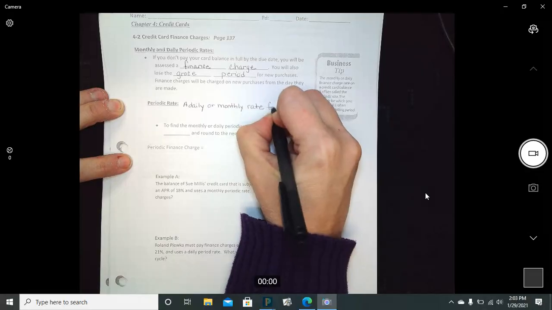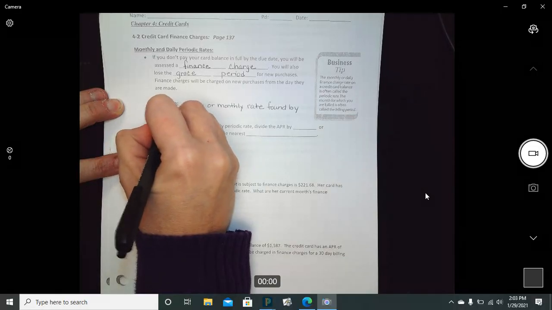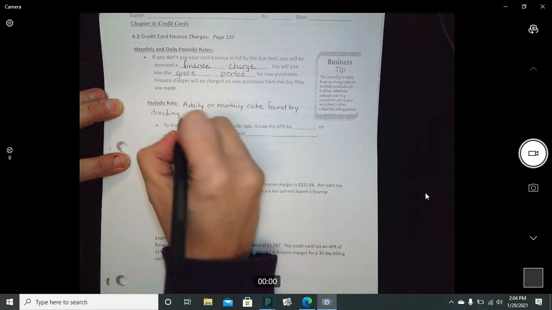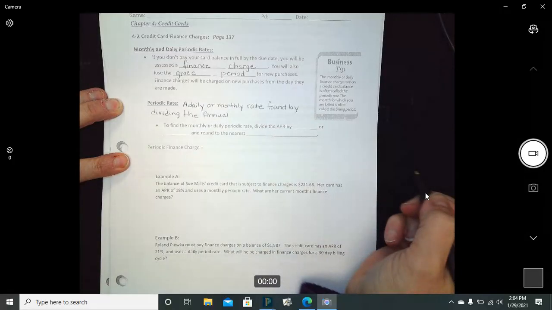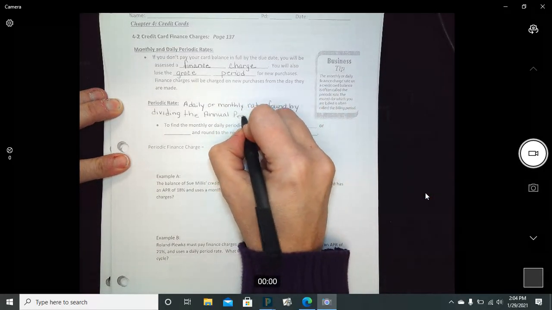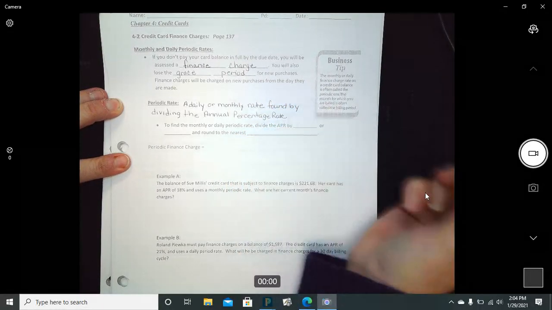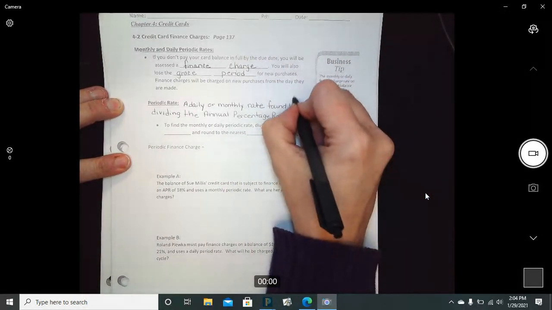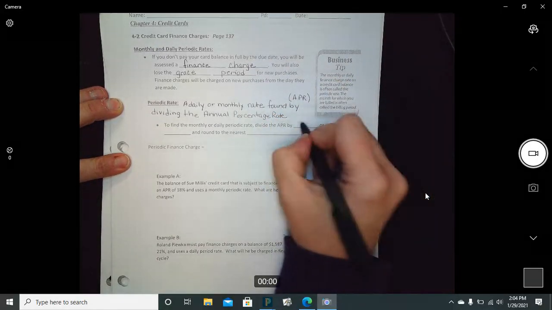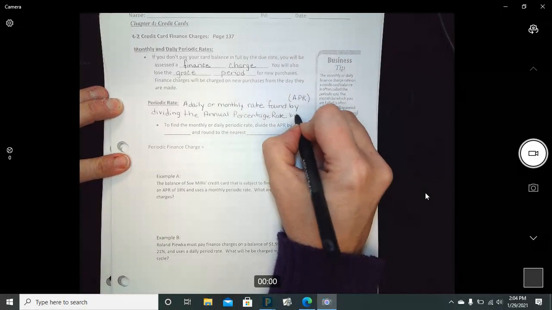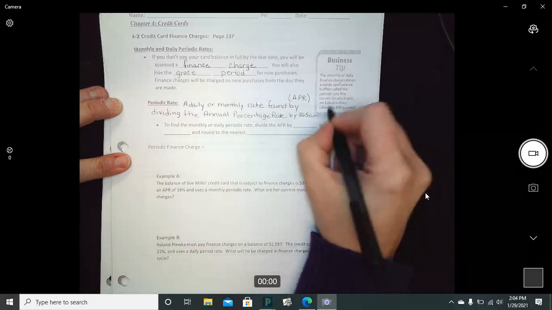How you're going to find it is by dividing the annual percentage rate, which we also call the APR, by 365, which is your daily, or 12.